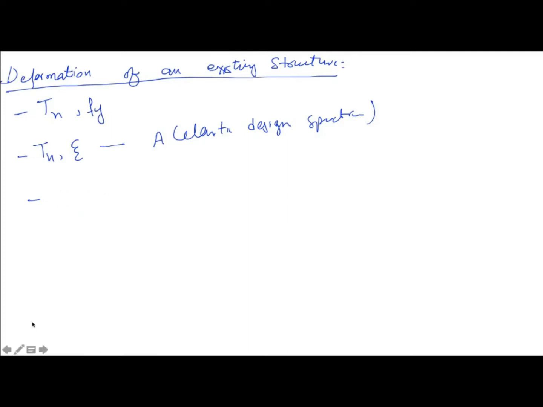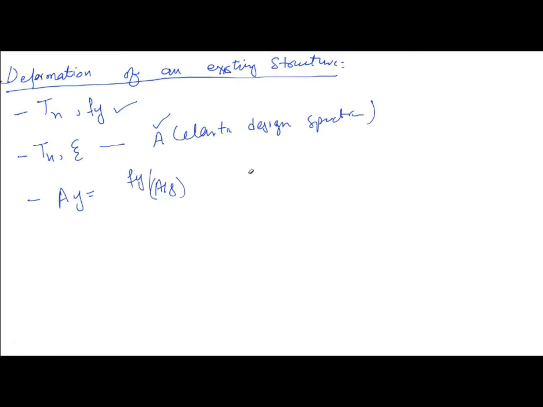Since this is the assessment, we have to go systematically. We obtain the elastic vibration period and the yield strength. With the known vibration period and the elastic damping, we obtain the pseudo acceleration using the elastic design spectrum. We can obtain Ay using the equation that Ay is equal to Fy divided by W over g.